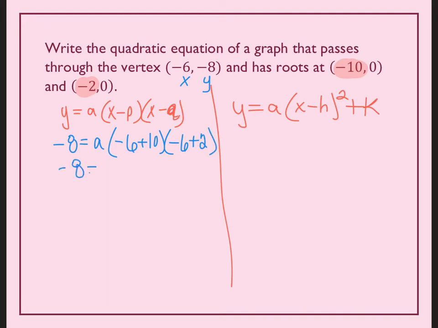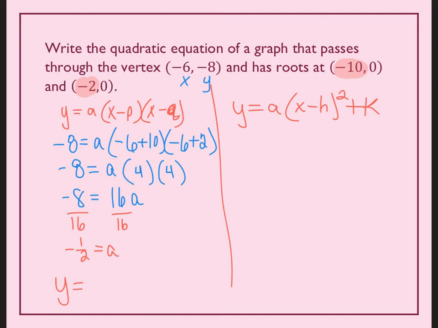Work inside your parentheses first. -6 plus 10 is 4. -6 plus 2 is also 4. 4 times 4 is 16. Now, divide by 16 on both sides. We're left with a equals negative 1/2.